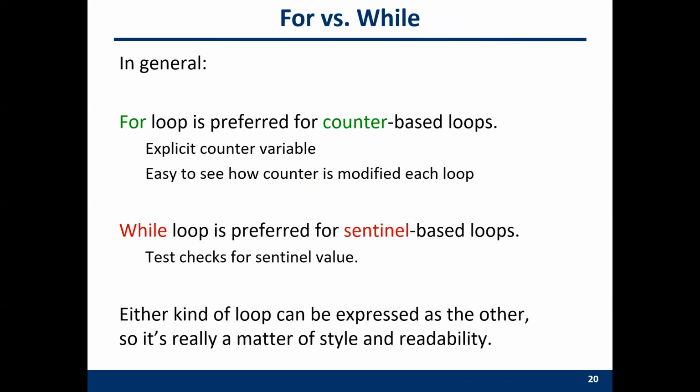You can check this condition each time. If this condition still holds, then you can run the loop body. Otherwise, you can stop the loop. But they are equivalent. You can change any for loop to a while loop, and you can change any while loop to a for loop too.